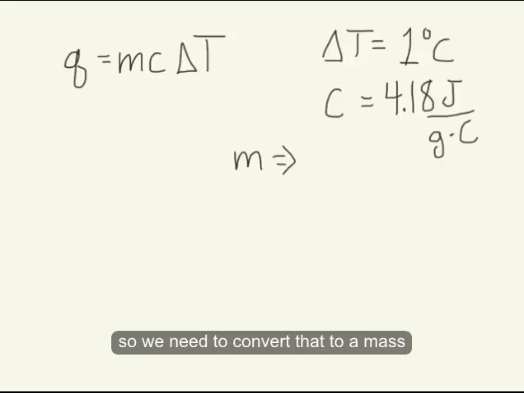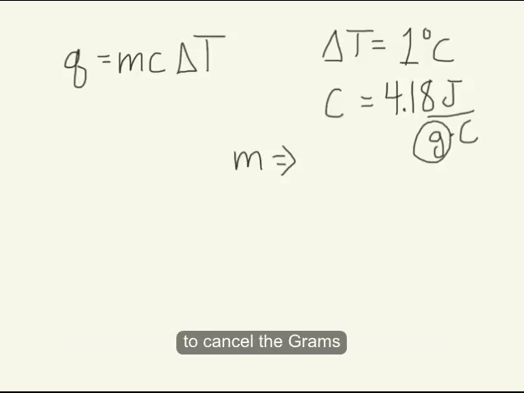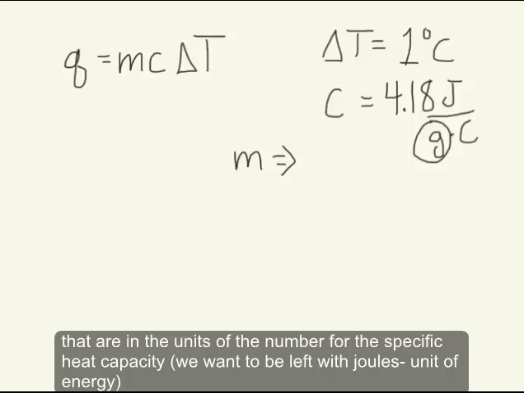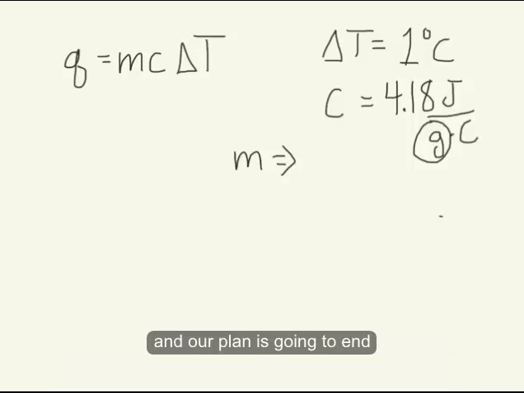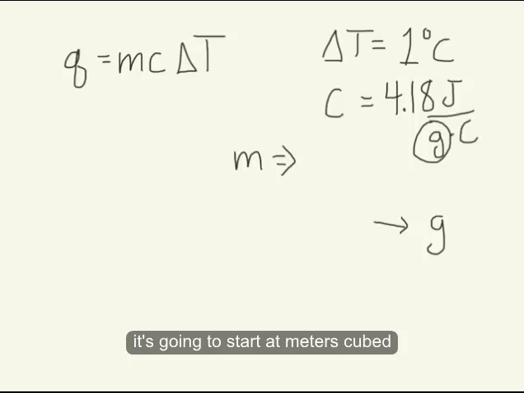So we need to convert that to a mass, which should be in grams because we're going to want to cancel the grams that are in the units of the number for the specific heat capacity. So our plan is going to end at grams, and it's going to start at meters cubed.